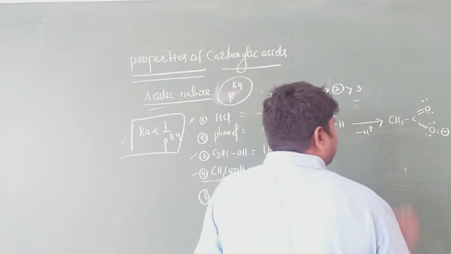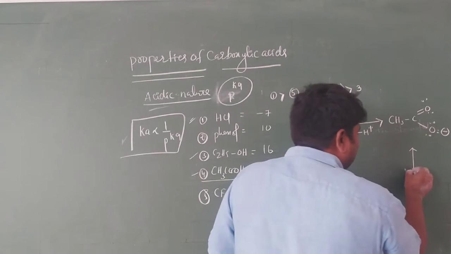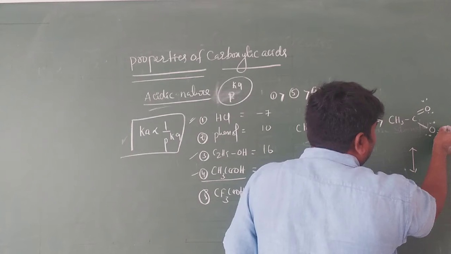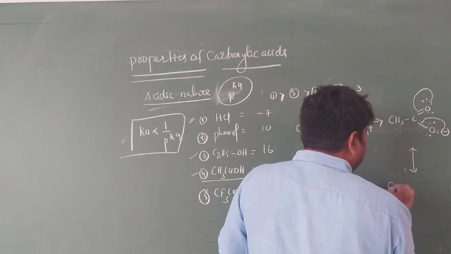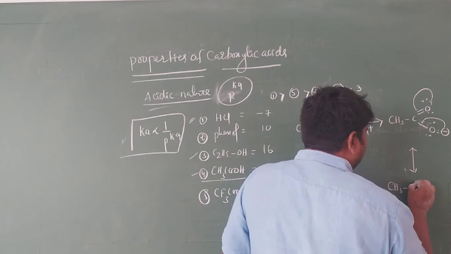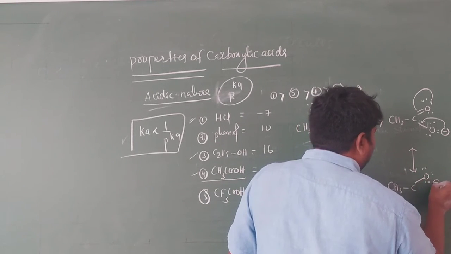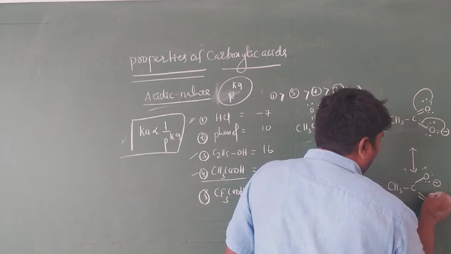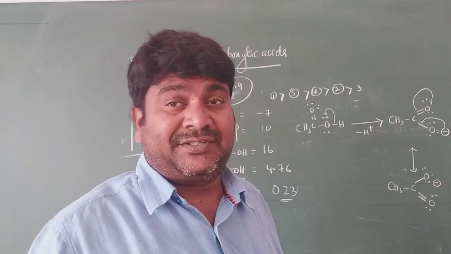It is a carboxylate ion. These 2 electrons shift back, and you get CH3, C, O minus, double bond, lone pairs. These 2 are resonance structures.